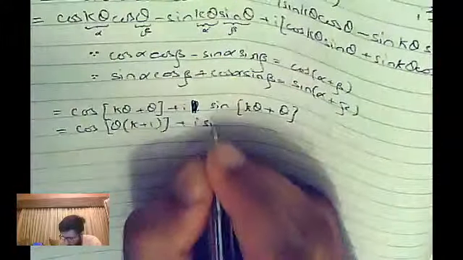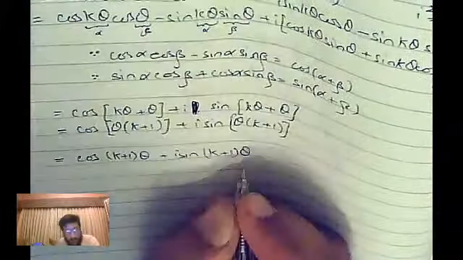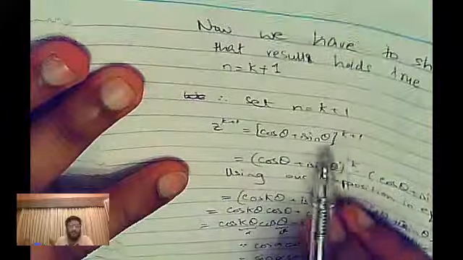Here we are. We can also write this as cos, we can take theta common from them, k plus 1, plus iota sine theta k plus 1. And if we rearrange this, we have cos k plus 1 times theta plus iota sine k plus 1 times theta. And the other side of our equation was z raised to the power k plus 1, or equals cos theta plus iota sine theta whole raised to the power k plus 1.